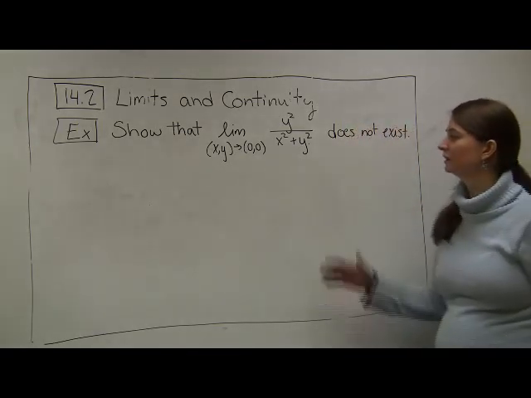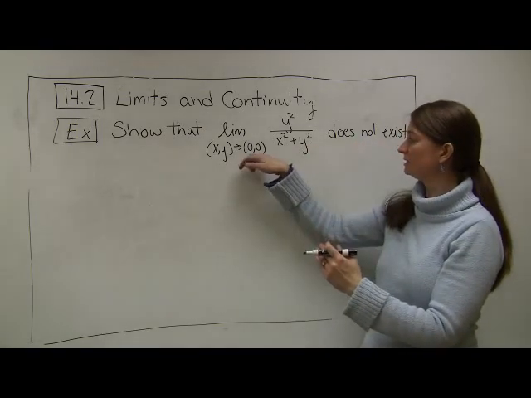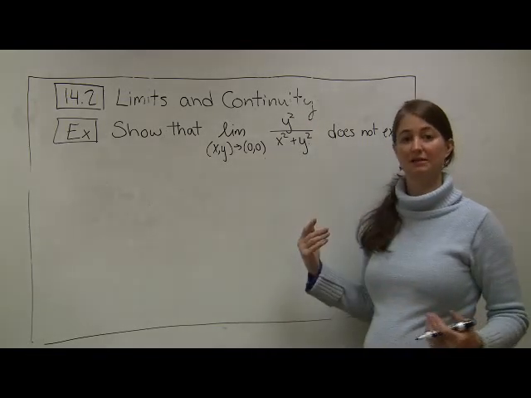So what does it mean for a limit to not exist? It means that as I approach this point (0, 0) along a number of different paths, those paths are going to be going in different places.